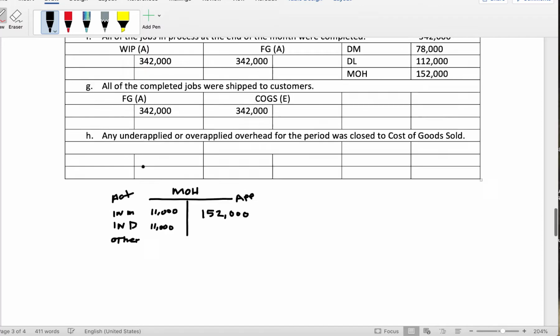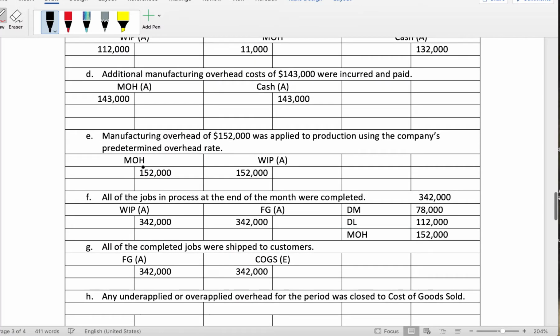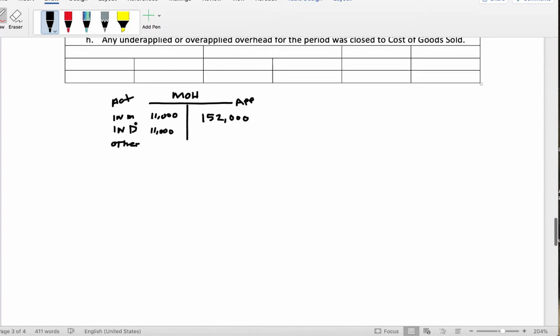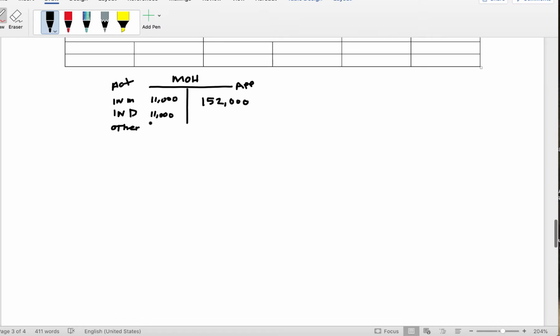Then the next one was our other, letter D: additional overhead costs of $143,000 were incurred and paid. So we need to put this down here. What I did here was take all the transactions and put them into one T account for manufacturing overhead to make it easier for us to see.